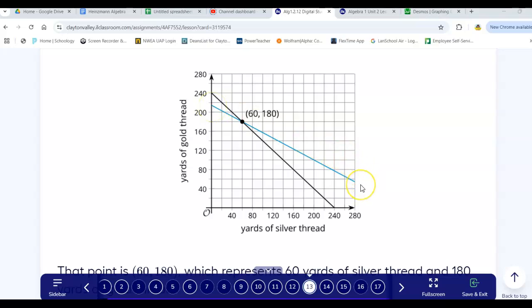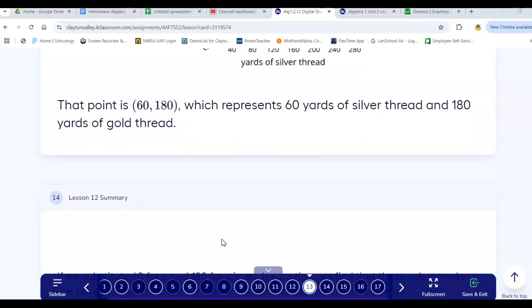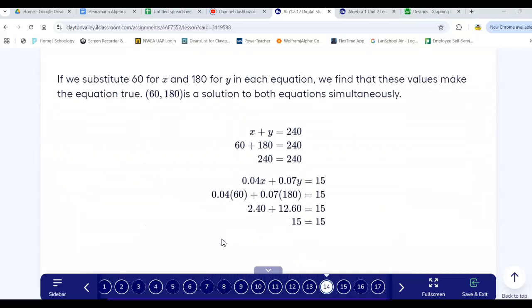And this is how much it would cost if you only bought silver thread. Actually, you can't even see that. But this point right here is your combo. That makes both constraints true. And here they prove it to you, young people. That's the point of this part.